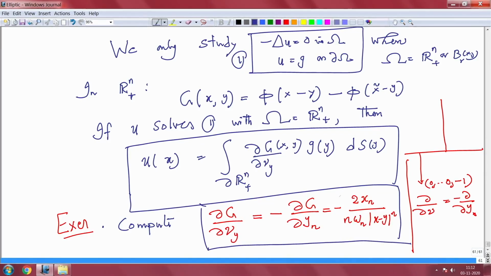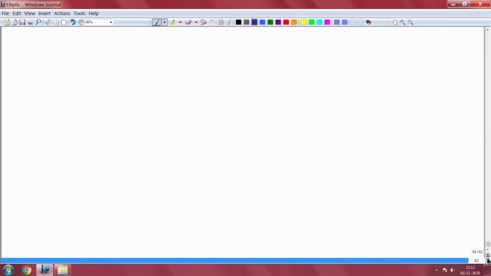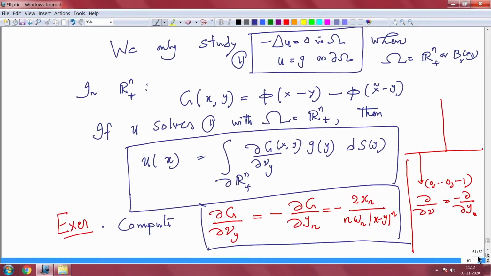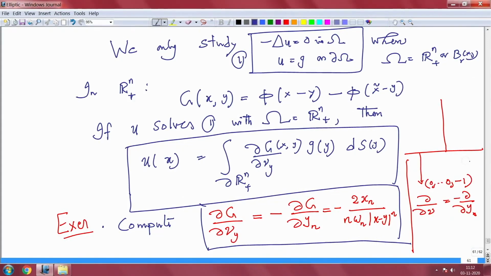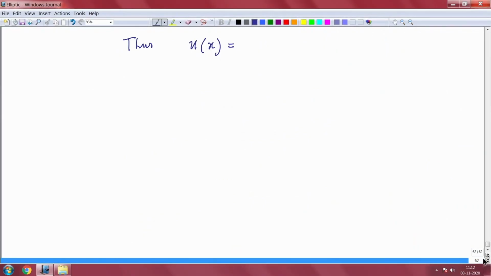Okay. So, you can precisely calculate your dg by d nu. Therefore, thus u x equal to the formula. If you solve u x equal to, so let me, so thus exactly what u x, if u x solves this equation 1, then u x equal to 2 x n.